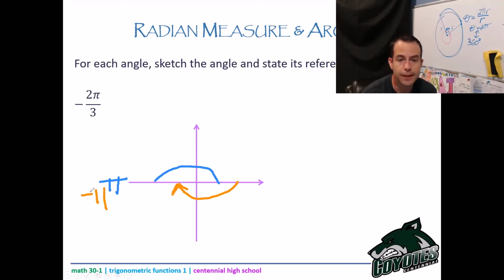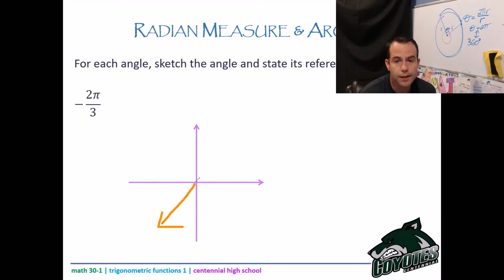Okay, I'm just going in the other direction. So negative 2/3 pi would be 2/3 of that orange rotation that I just did. So where does 2/3 of that orange rotation show up? Well, it shows up right about there, right? This would be like 1/3, 2/3, 3/3. So negative 2/3 pi would look something like that.